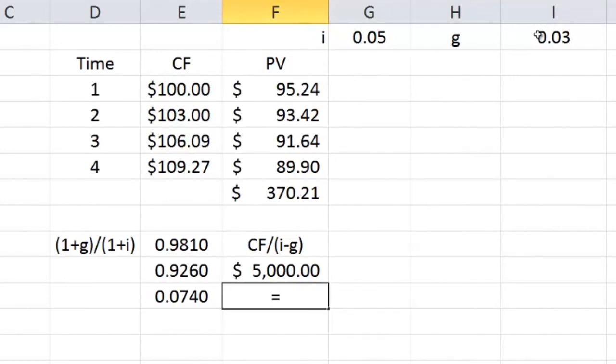Now we just take the 5,000, multiply that by this factor, and we get the same amount. So again, this is just a shortcut, so we don't have to bother with all these individual calculations.